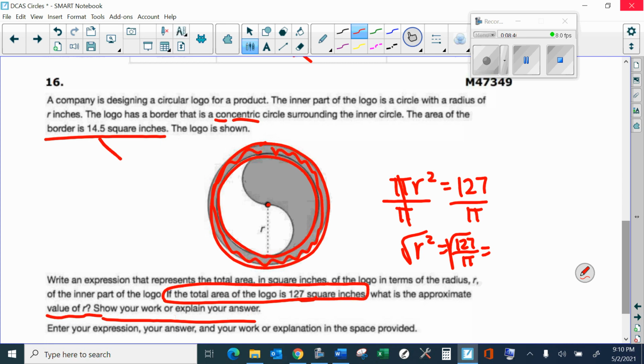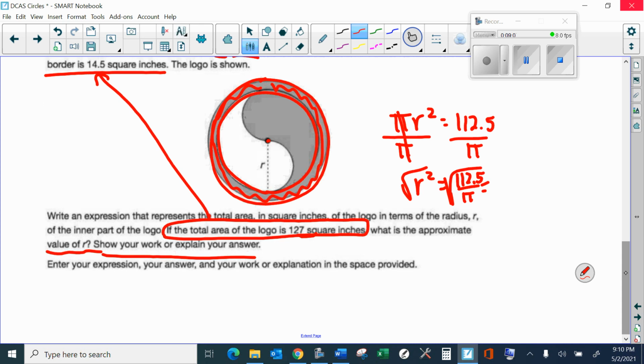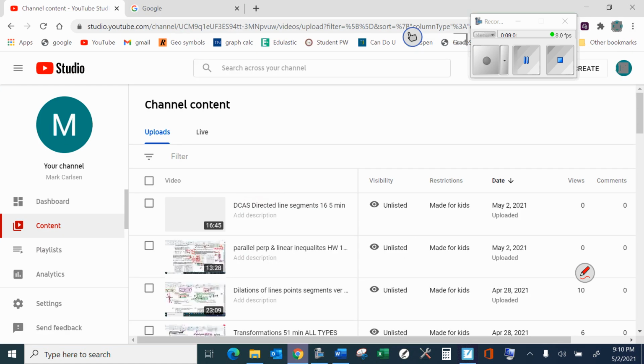We know the outside border part is 14.5. So we subtract that. It's 112.5. So we're changing this to 112.5 for the inner one. And now we put that in the graphing calculator.